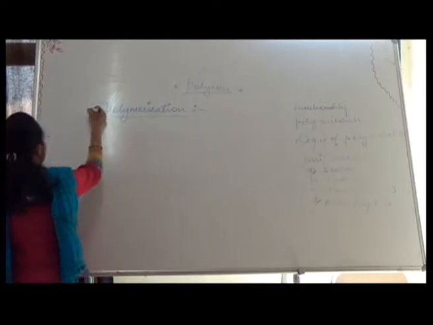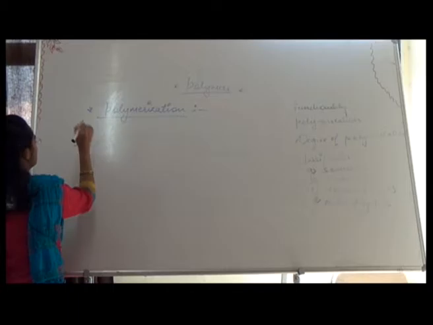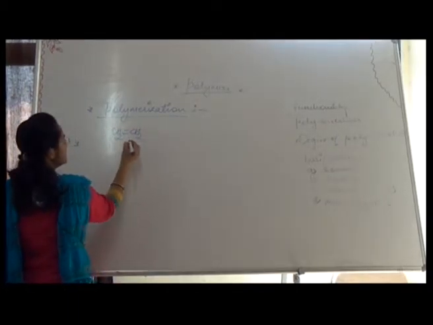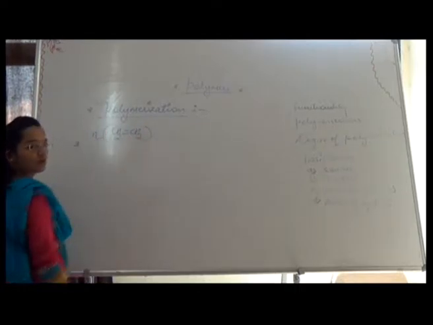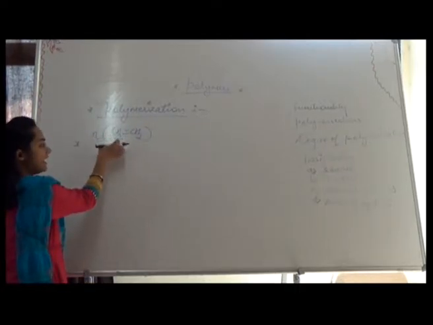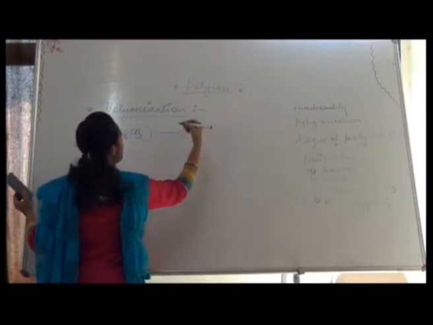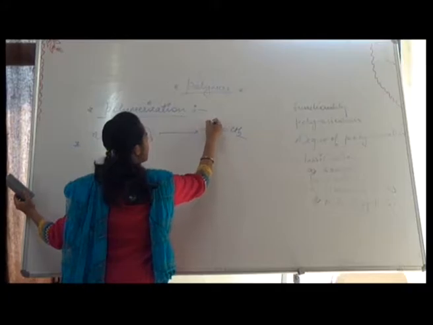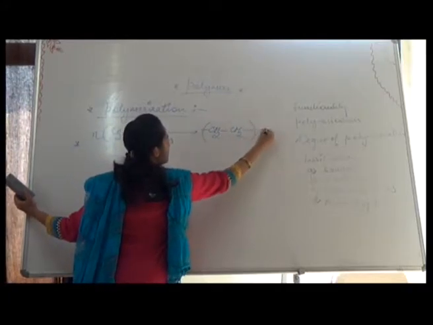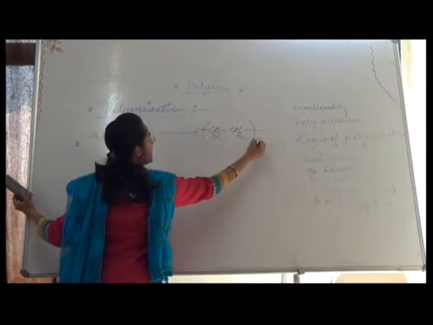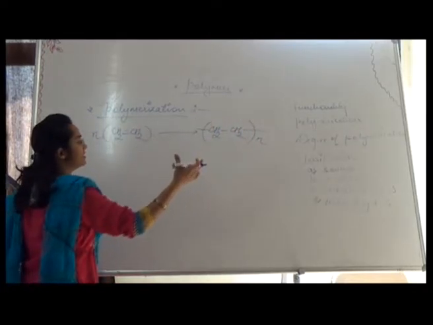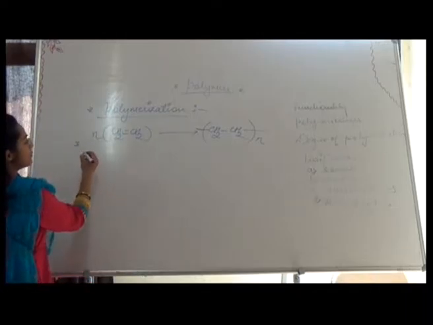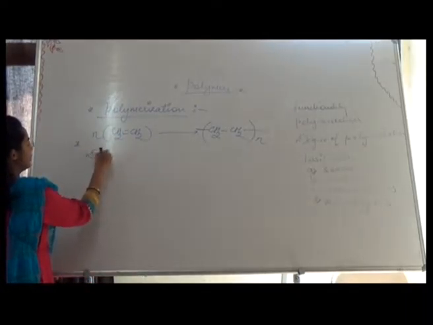Clear? Example, again we will take ethene. This is a monomer. So, this monomer when taken n number of times can be converted into polymer. This indicates n number of times, that means repeating units, and this is the extension. Clear?